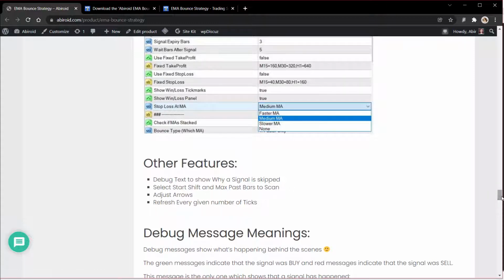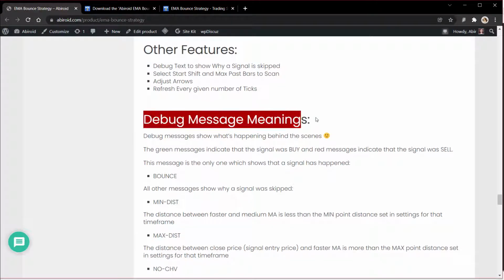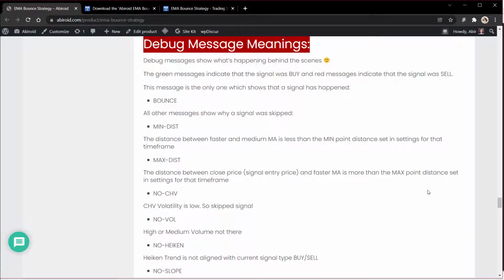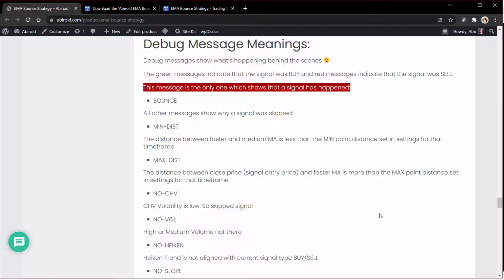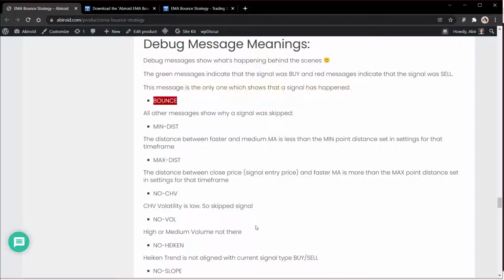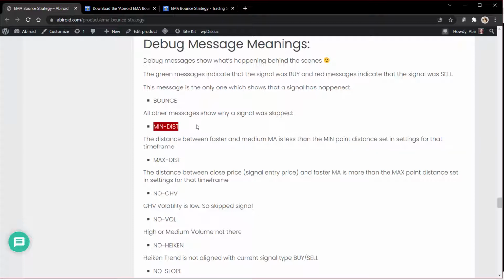And finally, if you have debug messages on, then this particular section will show you what each of these messages means. Like bounce means that when a signal has happened, when all the checks have passed, then you get bounce. Min distance is when the two MAs are very close together.